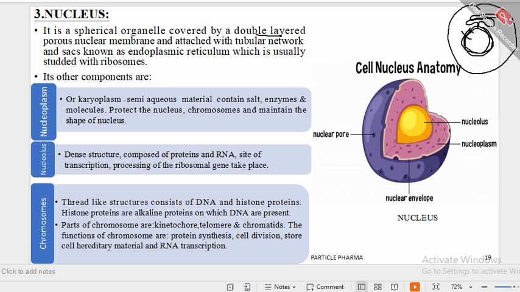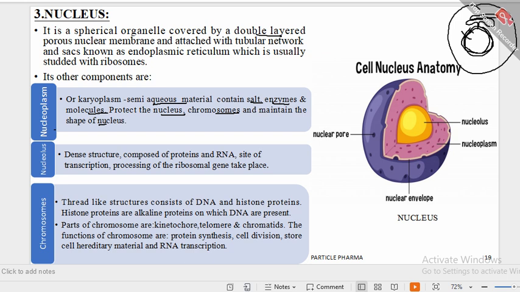Sometimes the endoplasmic reticulum is studded with ribosomes, sometimes not. Those with ribosomes are known as rough endoplasmic reticulum, and those without ribosomes are known as smooth endoplasmic reticulum. Its components are nucleoplasm or karyoplasm, present inside the nucleus, a semi-aqueous material which contains salts, enzymes, and molecules. It protects the nucleus and chromosomes, and maintains the shape of the nucleus.